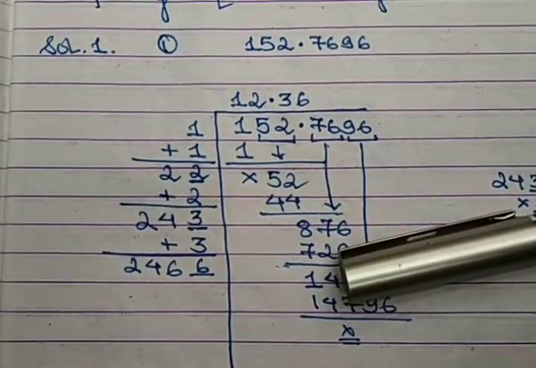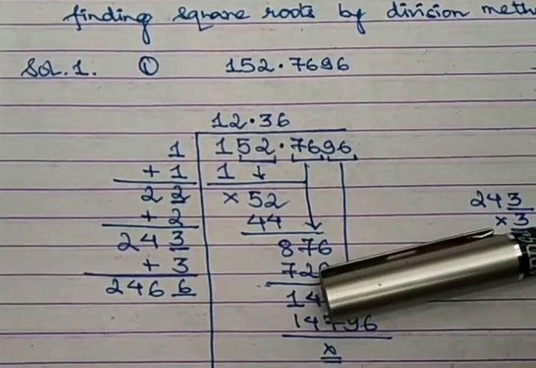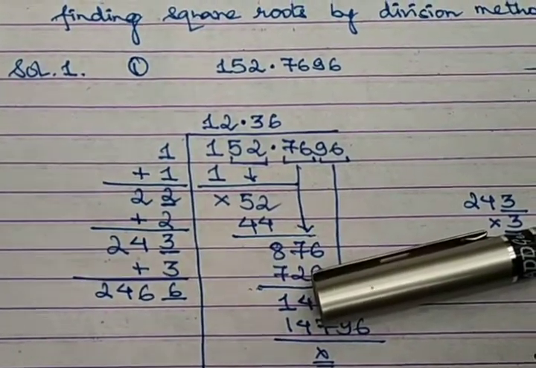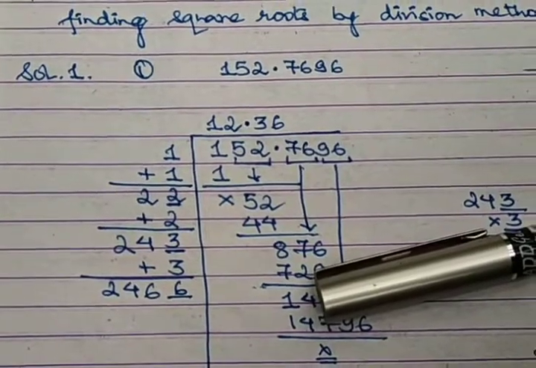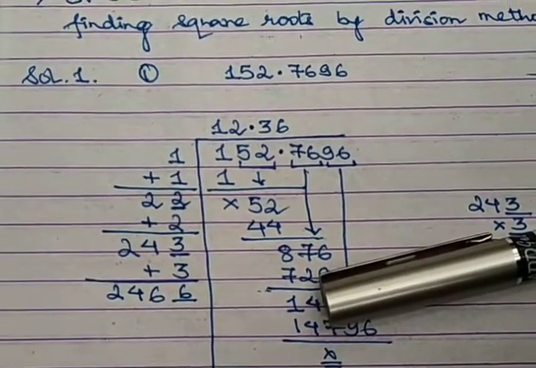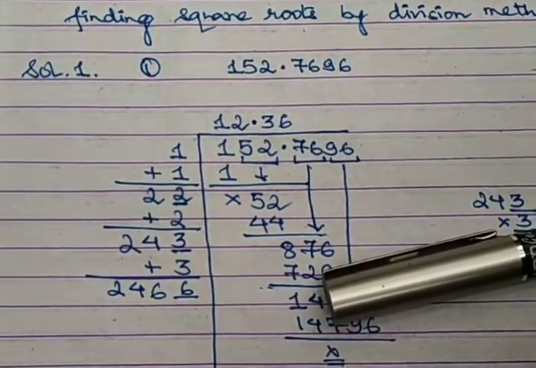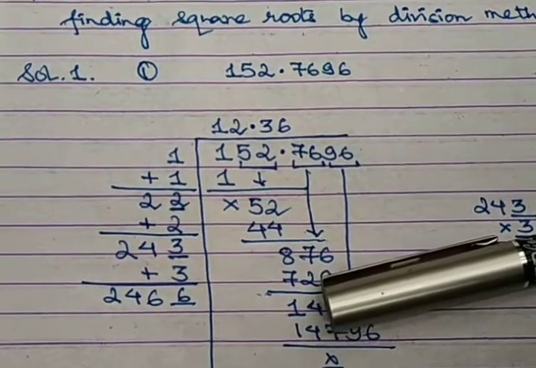Towards the left of the point we have 152, towards the right we have 7696. After making pairs, on the left what's left is 1, and then 5 and 2 are in a pair.